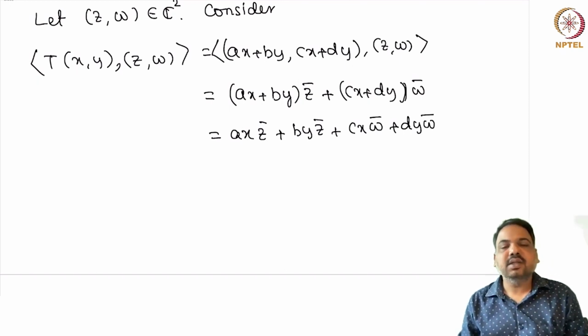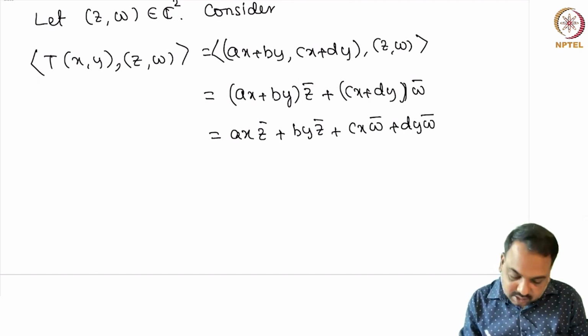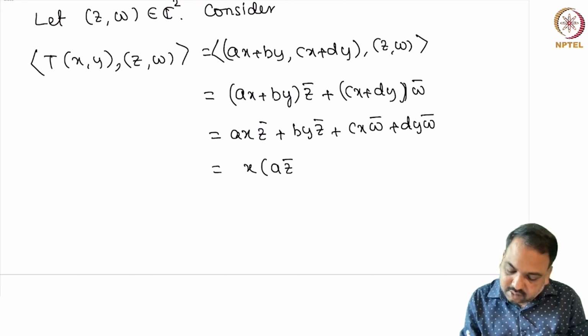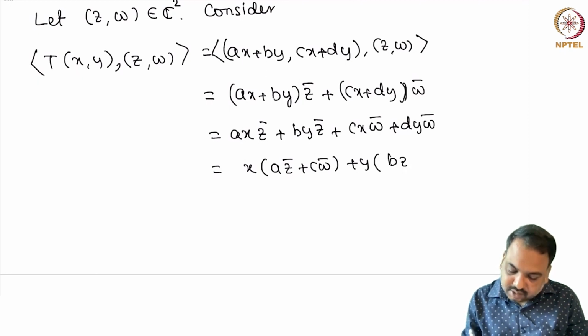Now we want to write this as the inner product of (x, y) with something. So let us try to take x out here. This is (a z bar plus c w bar), and from the other term, if you look at y, (b z bar plus d w bar).